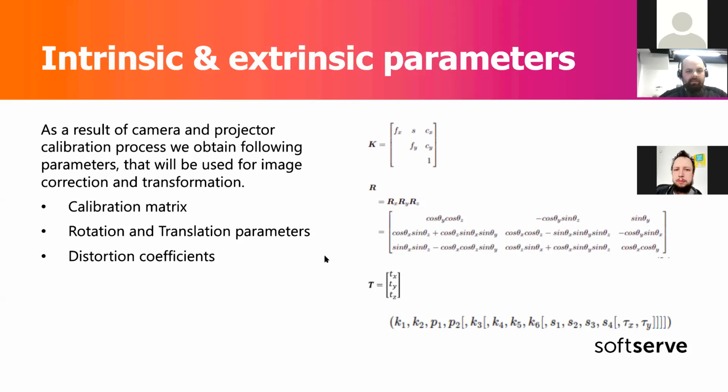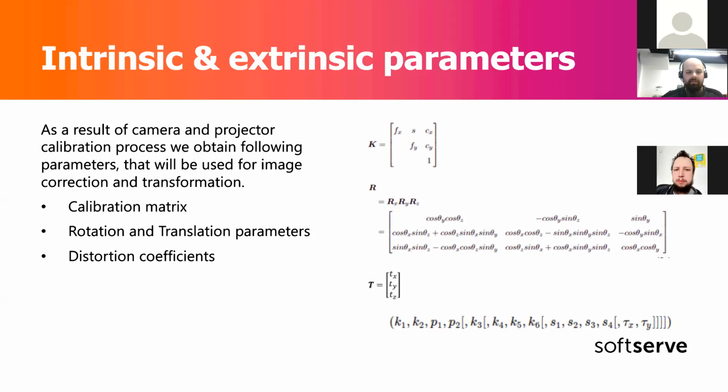The next one is the rotation matrix, or the rotation vectors in our case, because to get the matrix we need to apply the Rodrigues formula. It will actually describe how the world plane, I mean our calibration plane, is rotated with respect to the camera plane.